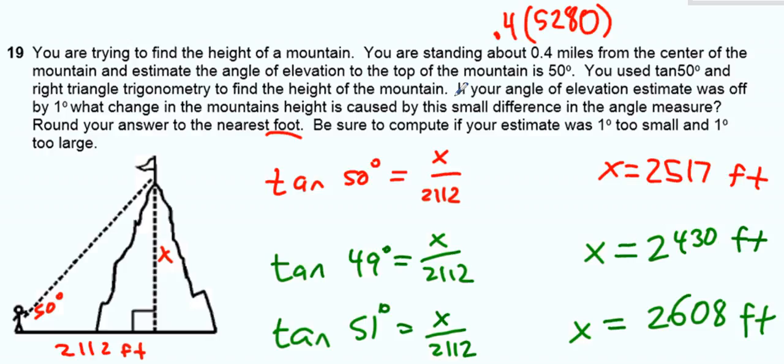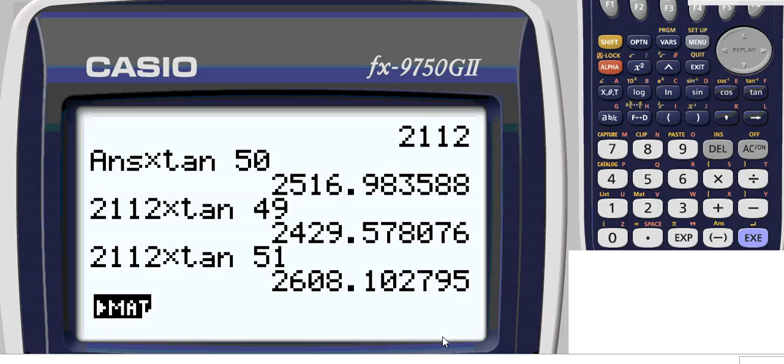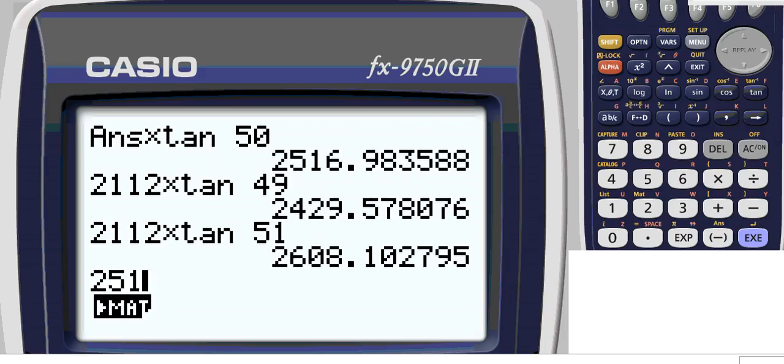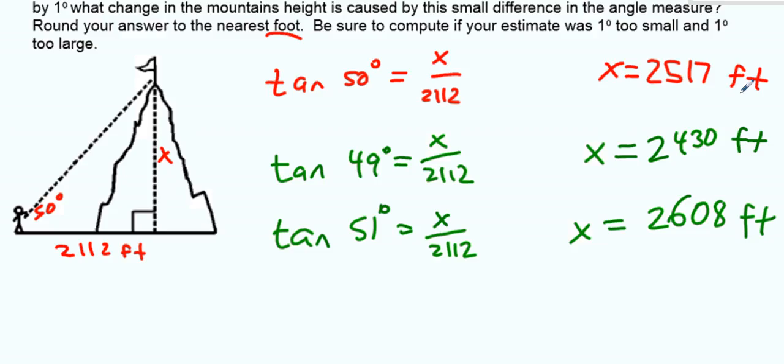But the exact question doesn't say what are the three height measurements. It says if your angle of elevation was off by 1 degree, what change in the mountain's height is caused by this small difference. So if it was off by 1 degree too small, we would subtract 2517 and 2430. That's a difference of 87 feet.